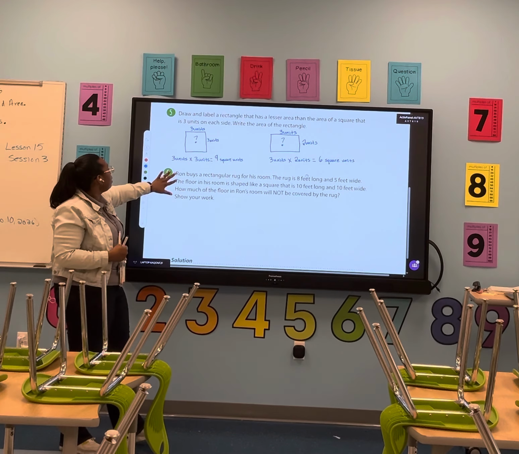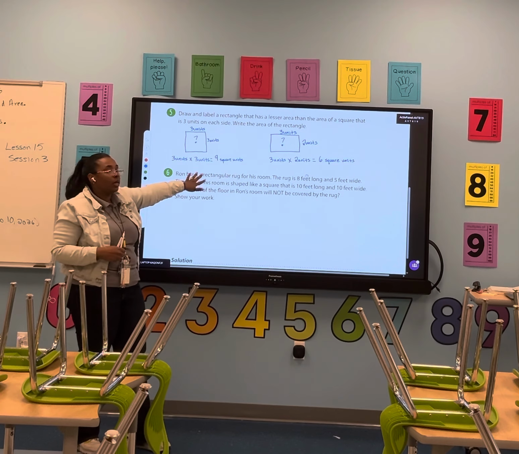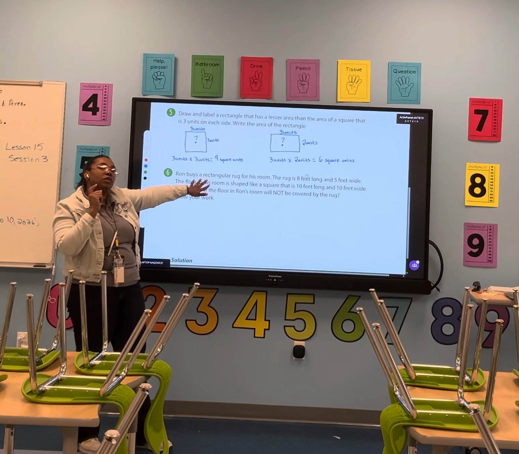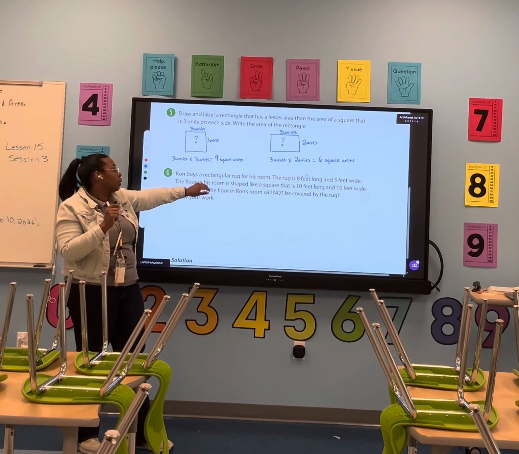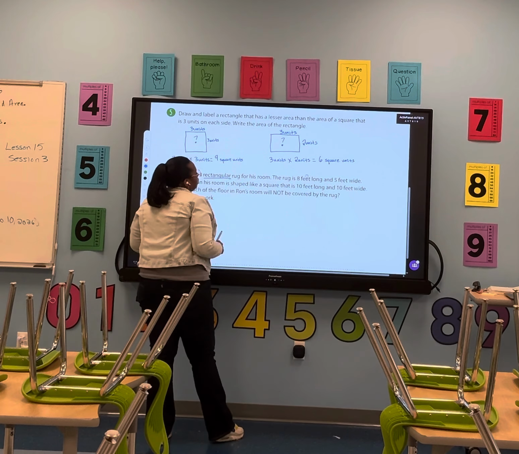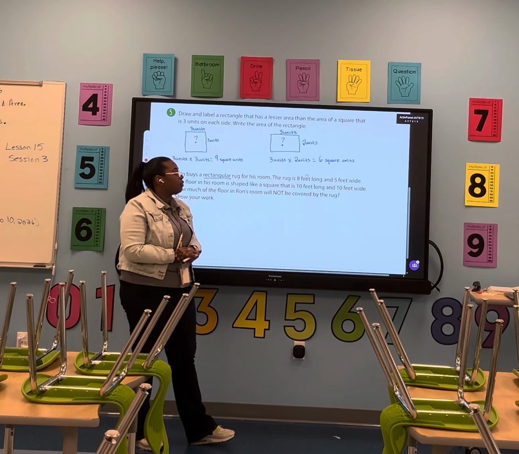It says, Ron buys a rectangular rug for his room. So I know that I'm getting ready to get 2 numbers because it's a rectangular rug, one for the length, one for the width. So let's keep reading. And I'm going to underline that keyword, rectangular. It says the rug is 8 feet long, 5 feet wide.